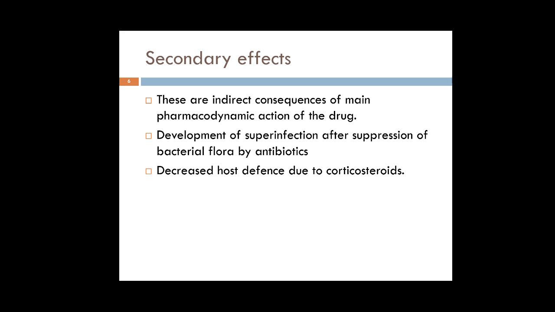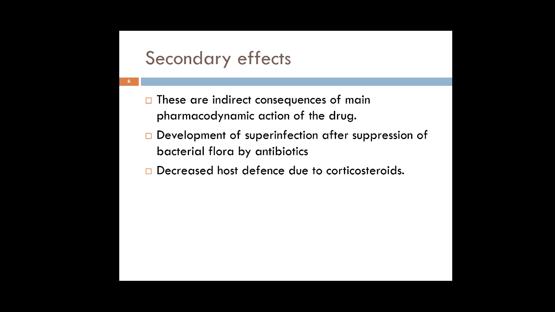Antibiotics, you must have heard this term. Any infection, any respiratory infection, any urinary tract infection, any kind of infection, we treat with antibiotics, which kill the microbial organisms. When these antibiotics are ingested orally, you must also know that in our gastrointestinal tract there is a normal bacterial flora which is important for some other mechanisms, which are very essential for the normal metabolism and the normal health of the body.